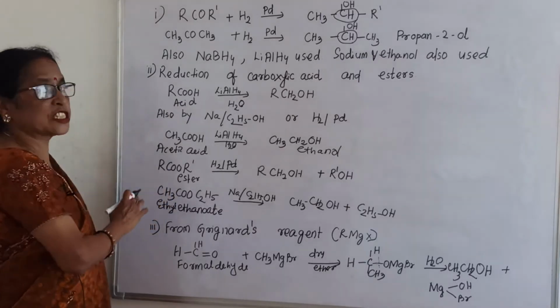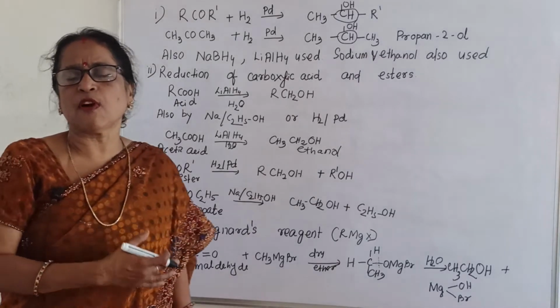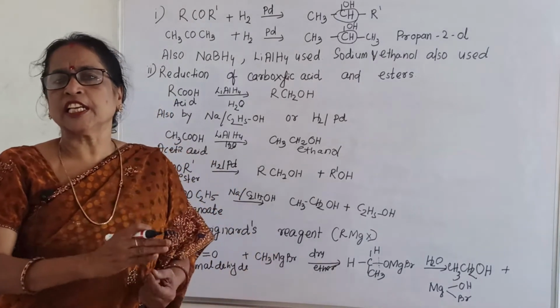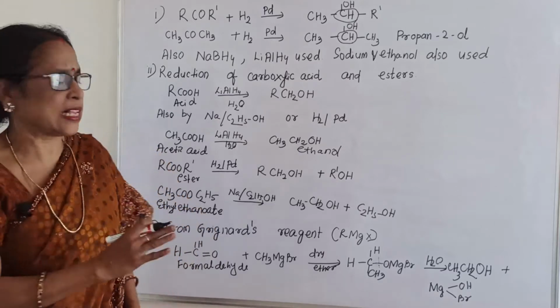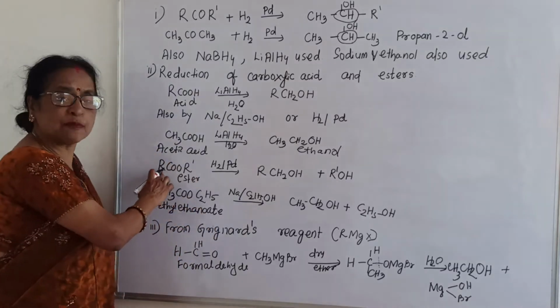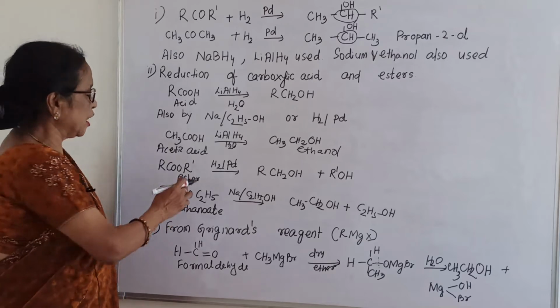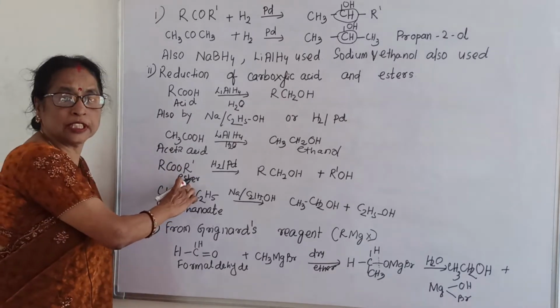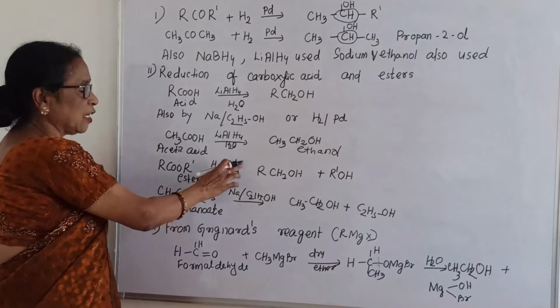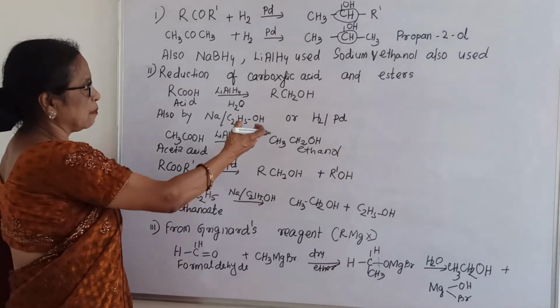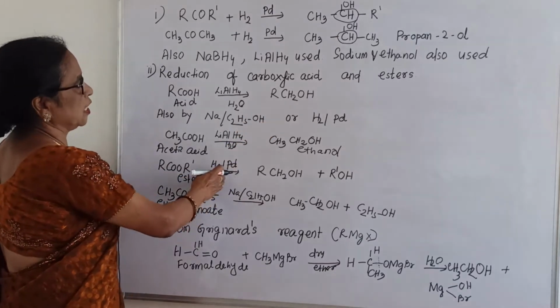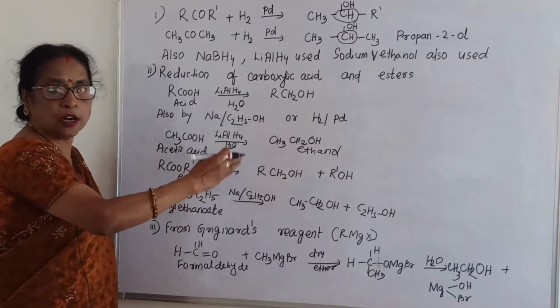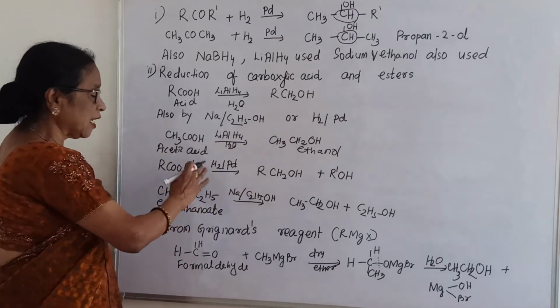Now next is ester. What is the general formula of ester? RCOOR', where R' and R may be the same or different. This is the general formula of ester, and you take hydrogen and palladium, one type of reduction process, or you can take lithium aluminum hydride, and what is the product?